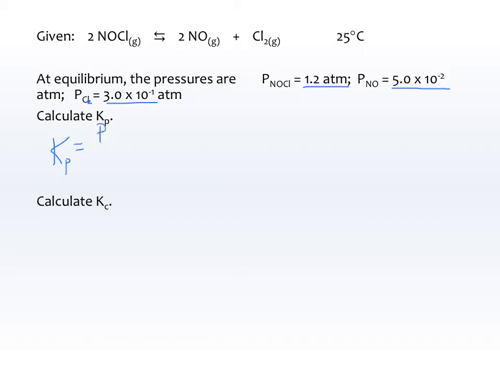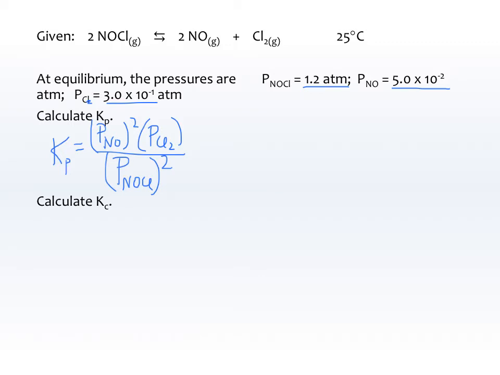That is the pressure of NO, because that's a product, squared, times the pressure of Cl2, divided by the pressure of NOCl squared. So the only difference here is we're indicating that it's pressure, not concentration. So parentheses and a P rather than brackets.